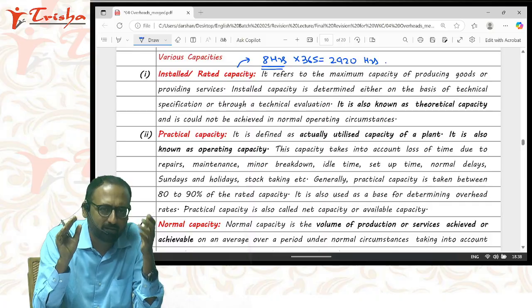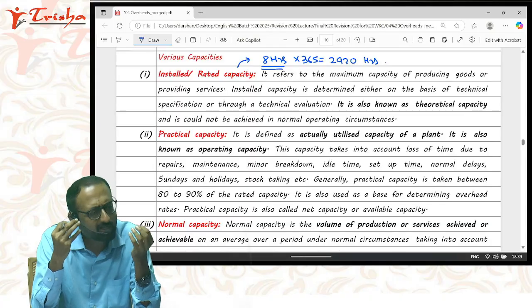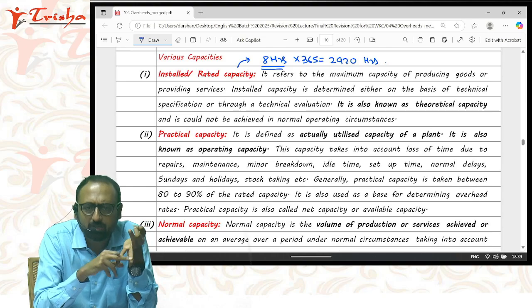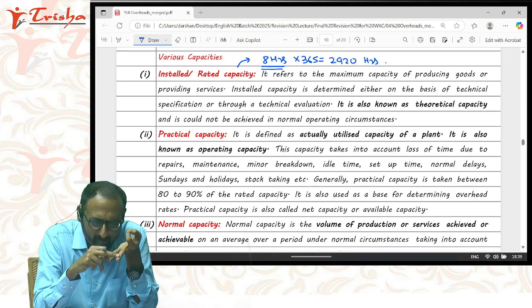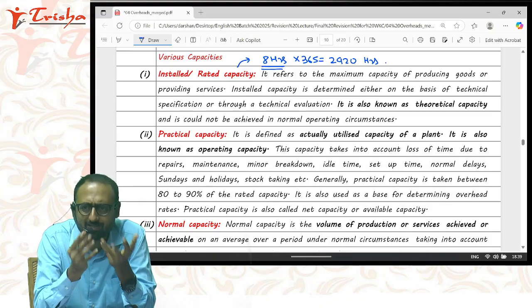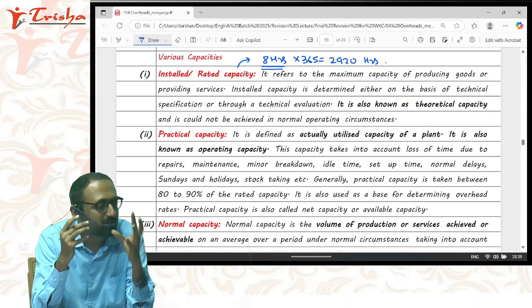Hence, it is called a non-practical, theoretical, imaginary, unachievable capacity, because no one can work 365 days, as there will be public holidays, weekly holidays, maintenance breaks, lunch break, tea break, coffee break, refreshment break, etc. So this is also called an unachievable capacity, rated capacity.